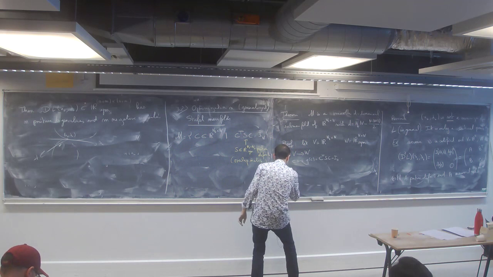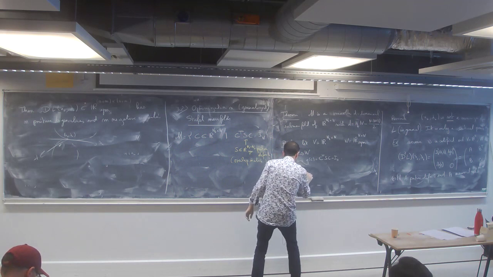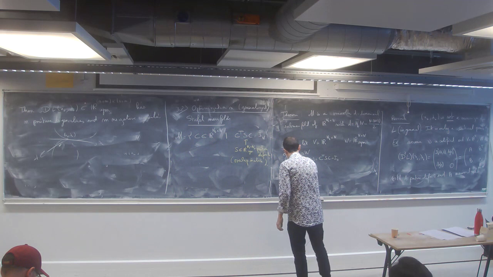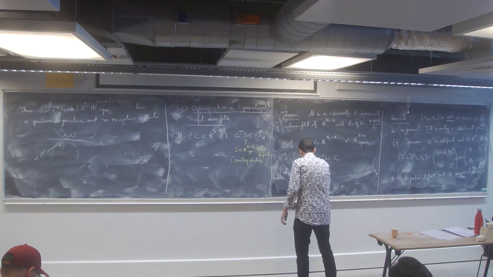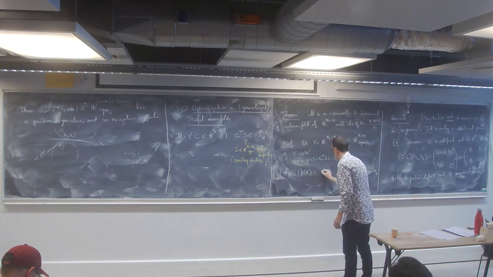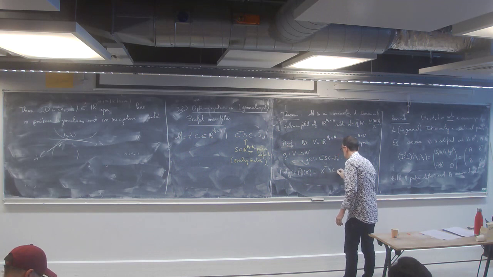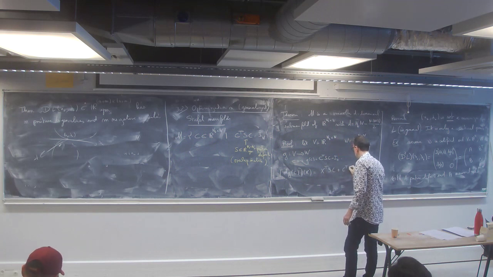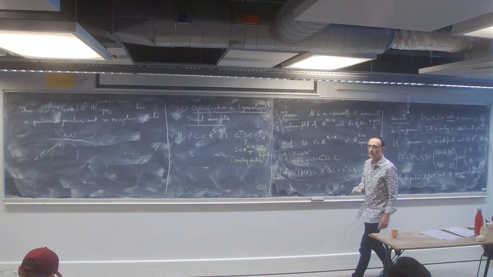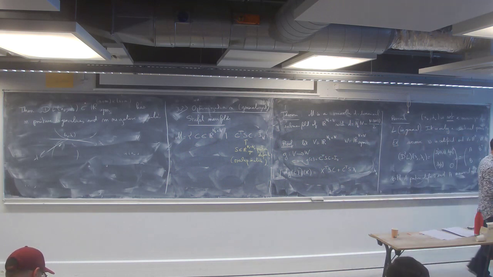So the derivative of G at C applied to some vector X is X transpose SC plus C transpose SX. So, a computation we have already done, quite obvious.